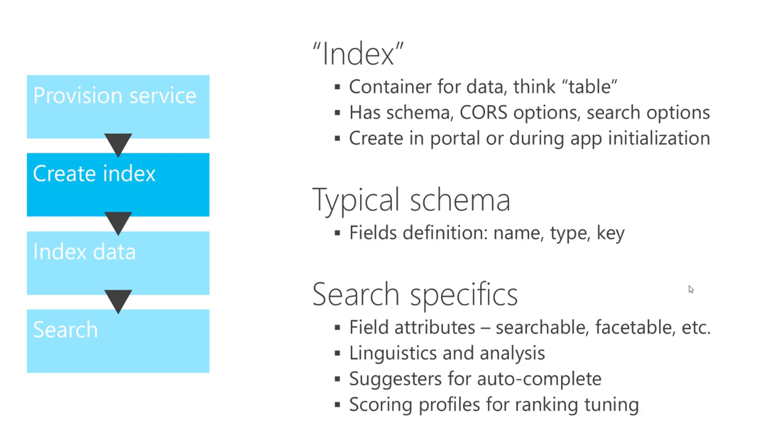The fields collection is the largest part of an index, where each field is named, typed, and attributed. It supports strings, booleans, list of strings, numeric data types such as doubles and integers, and even other complex data types such as datetime offsets and geographical points.